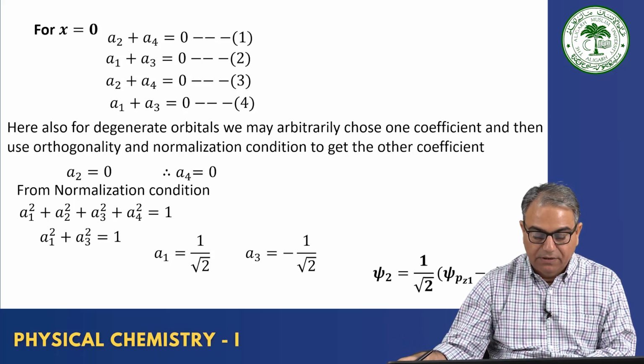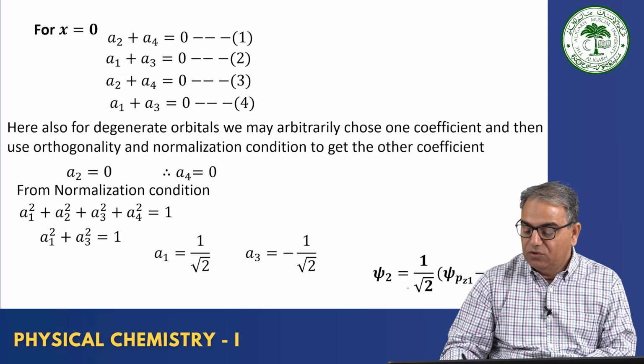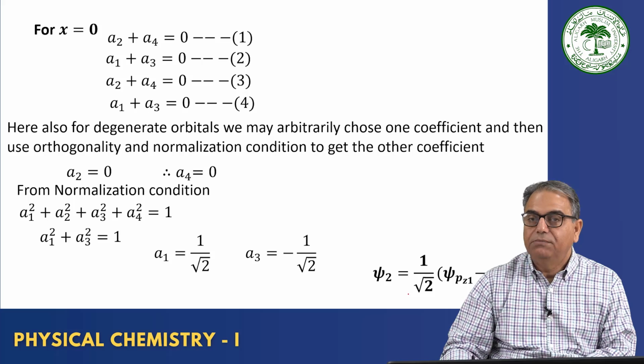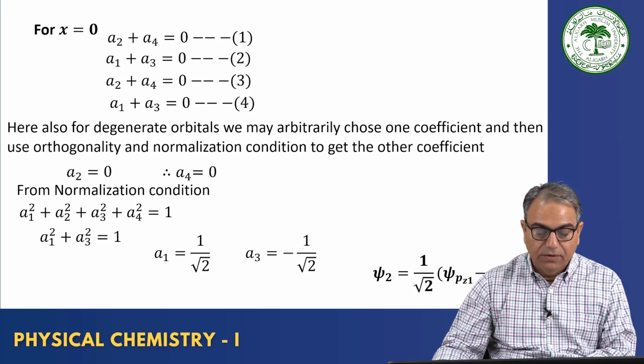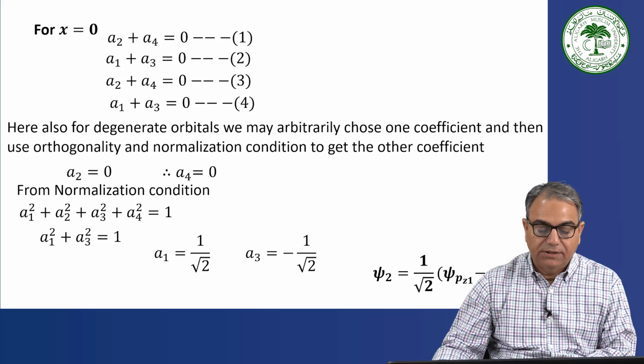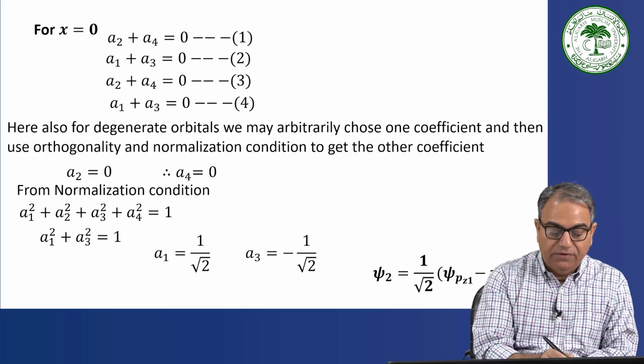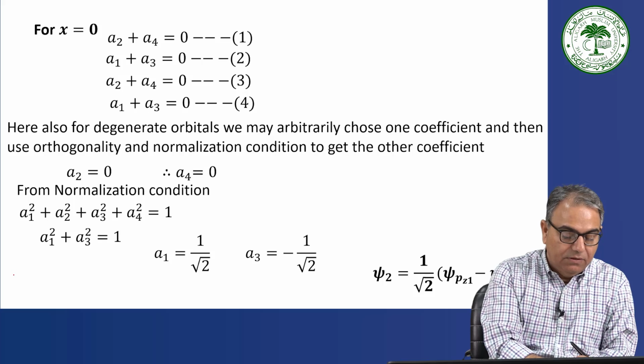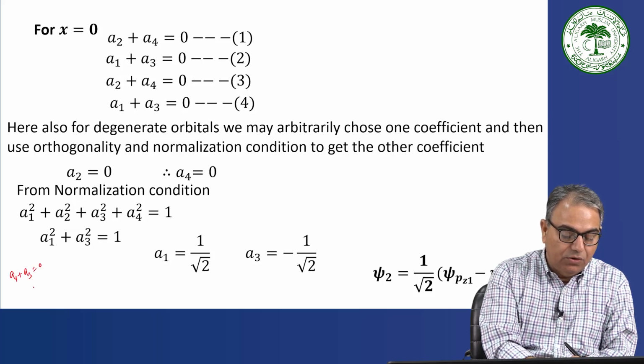Then with these coefficients we can write psi 2 is equal to 1 by root 2 (psi pz1 minus psi pz3). Okay. You should not have any confusion here: a1 plus a3 is equal to 0, so a1 is equal to minus a3.